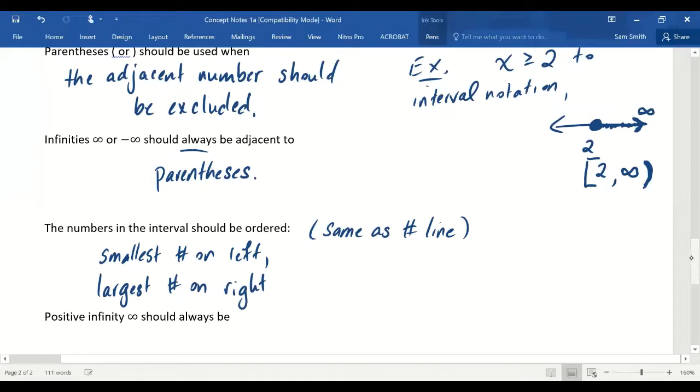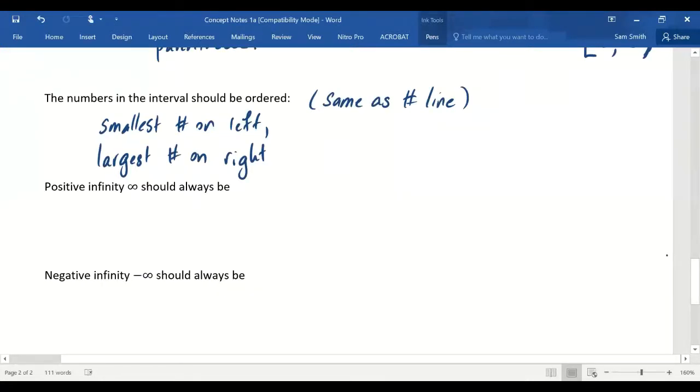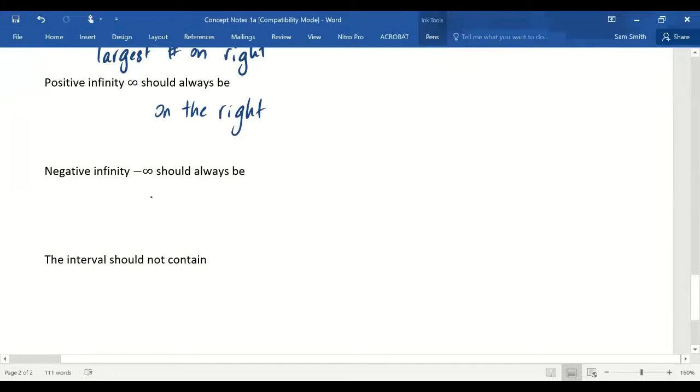And in particular, positive infinity, since it's all the way to the right-hand side of the number line, should always be on the right. Whereas negative infinity should always be on the left-hand side.